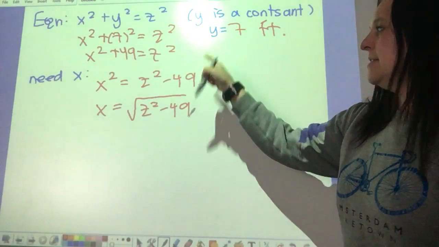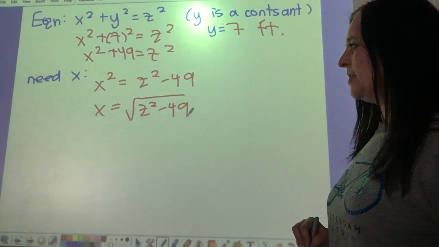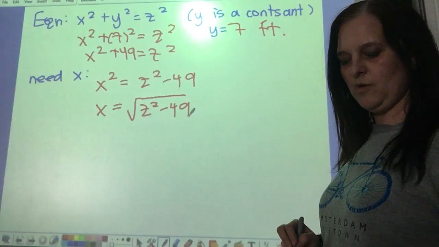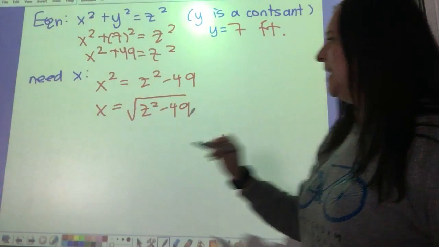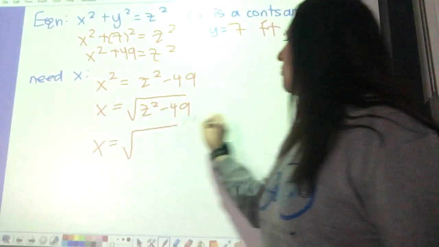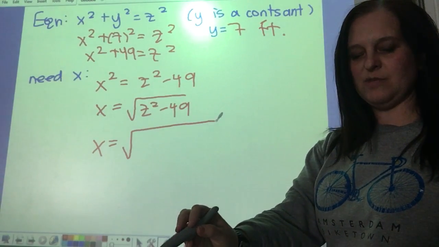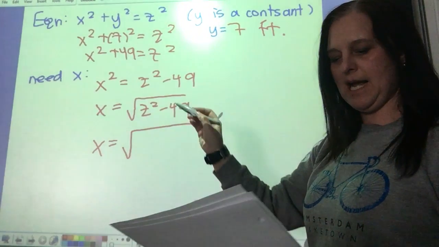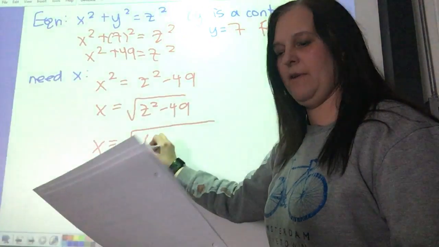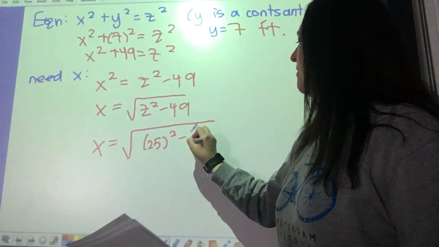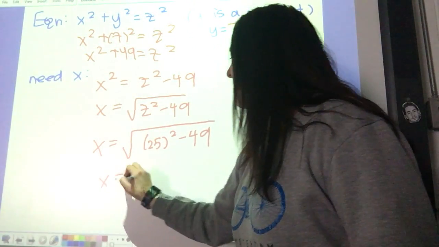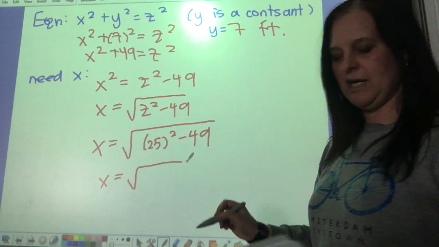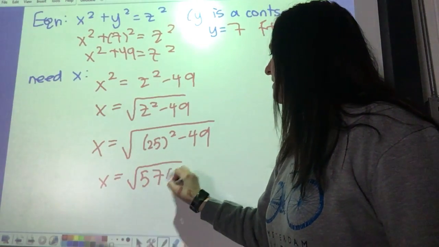We use Pythagoras' theorem to set up an equation for x, so x is equal to the square root of z squared minus 49. Now, we want to know the rate at which it's moving when we had 25 feet of rope out. Hopefully all my math is correct: 25 squared minus 49 should be 576.